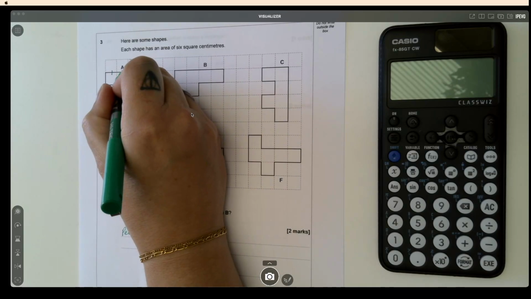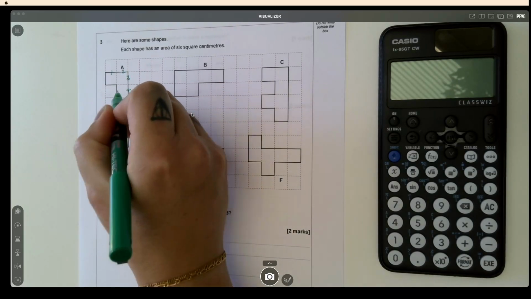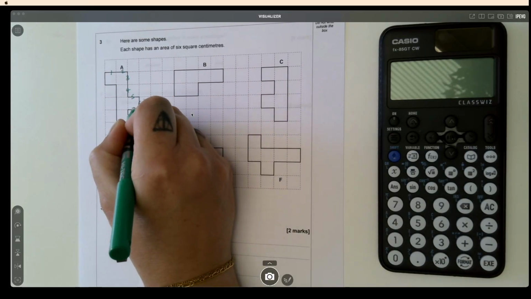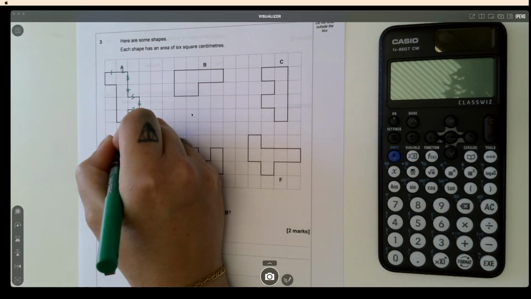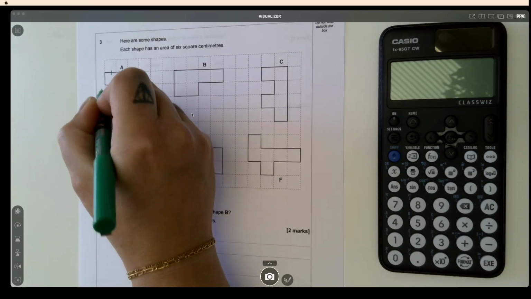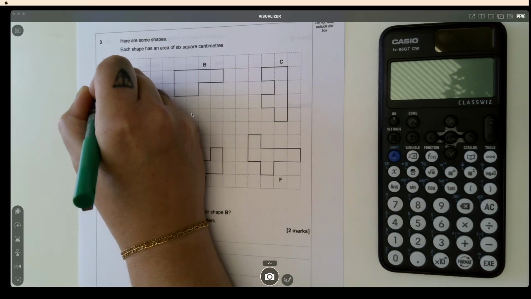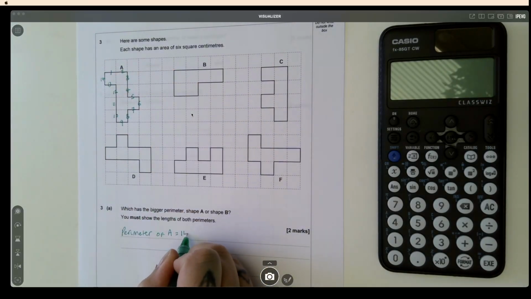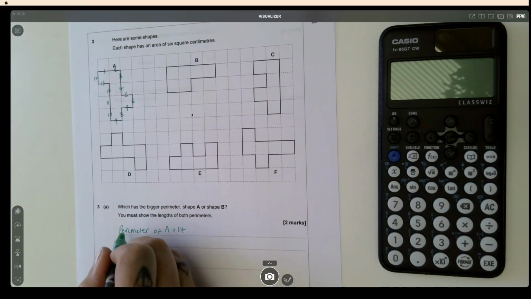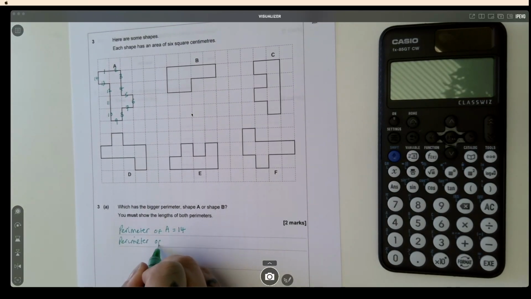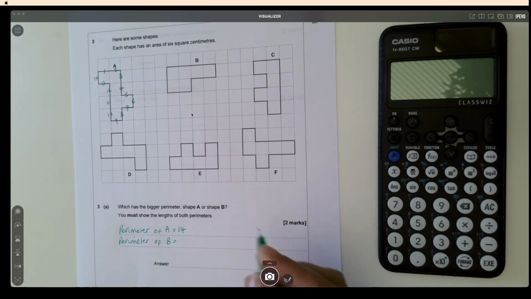So we've got 1, 2, 3, 4, 5, 6, 7, 8, 9, 10, 11, 12, 13, 14. So the perimeter of A is 14. We're now going to do the same, but this time for B, so we can compare them.